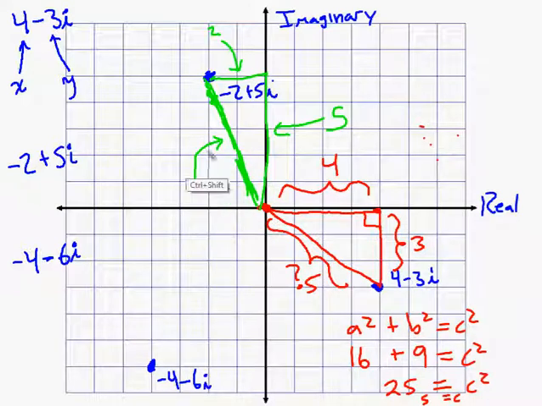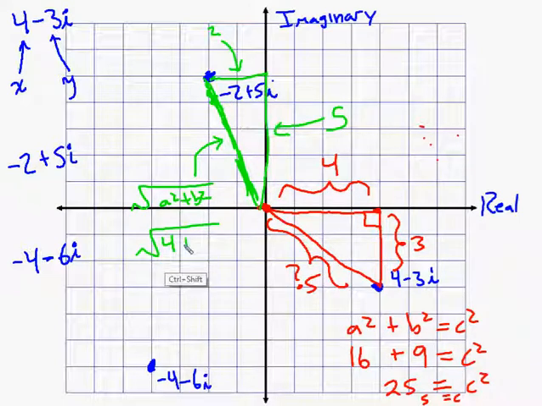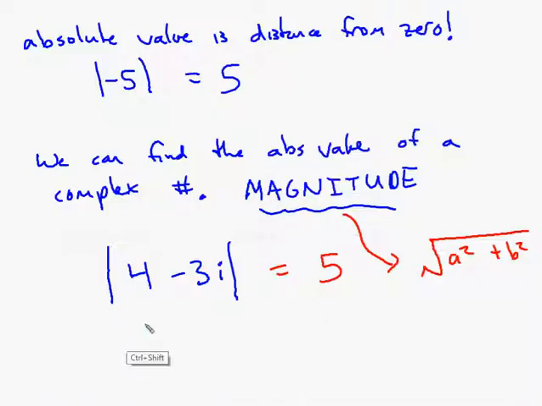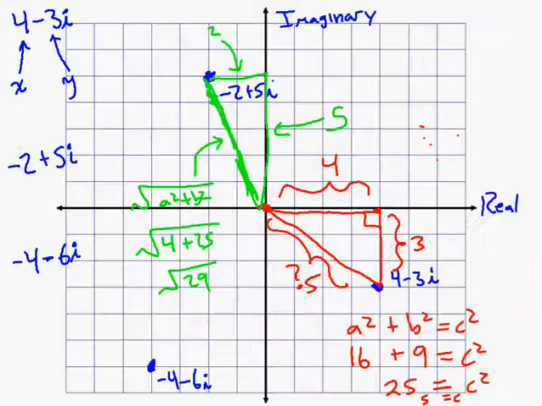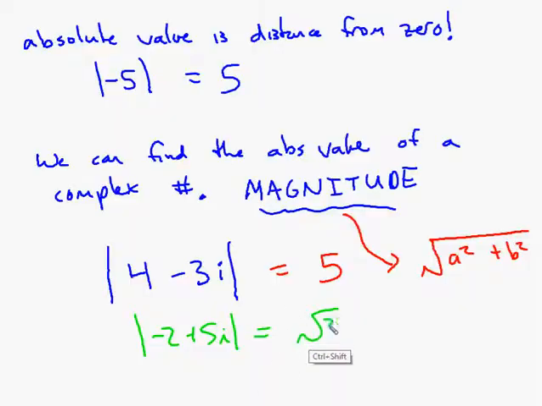It just happens to be in 2 dimensions. So I'm going to do square root of a squared plus b squared, which is the square root of negative 2 squared, that's 4, plus 25, that's square root of 29. So, that was negative 2 plus 5i. That was root 29.